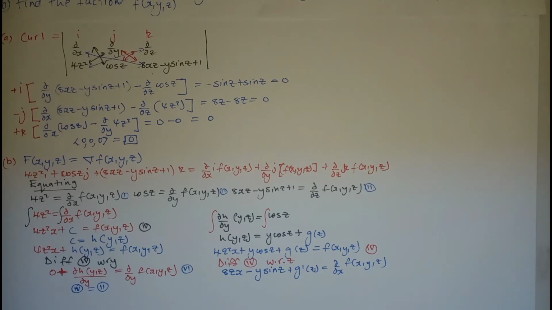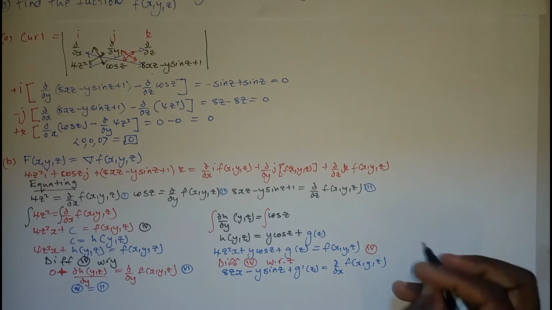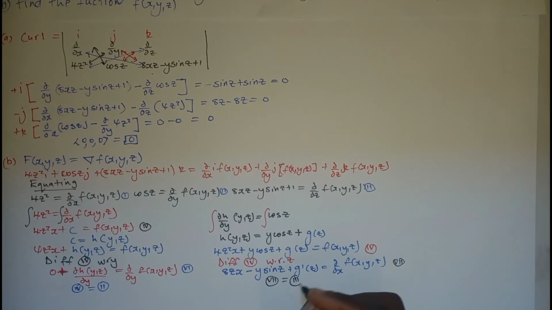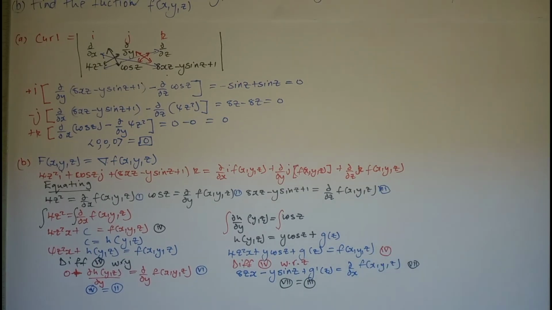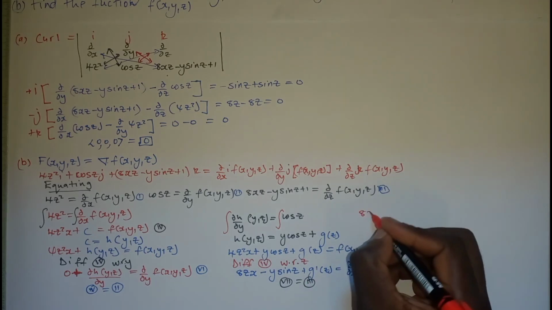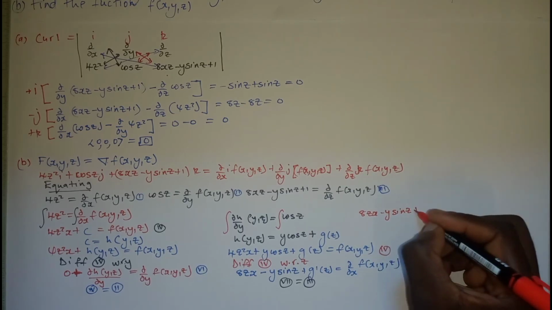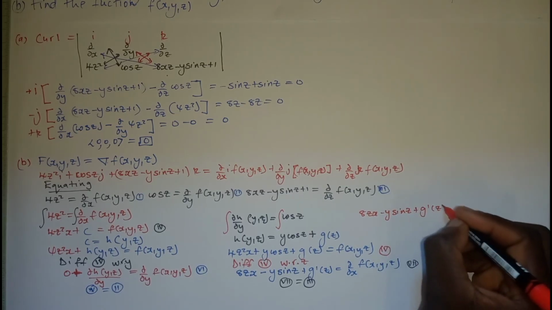Since it's now a new equation, let's just call it equation number 7. So equate equation 7 to equation 3. Let me choose red. So I'm going to have 8zx minus y sine z plus g prime of z is equal.